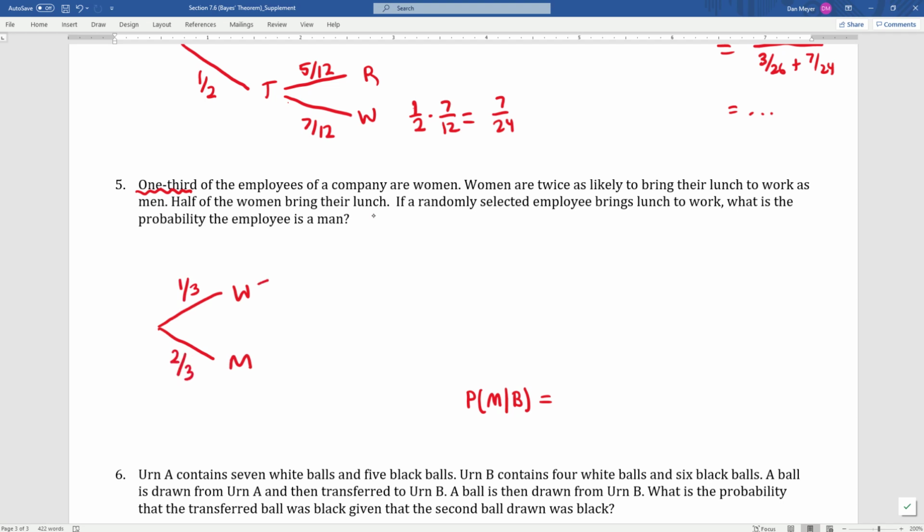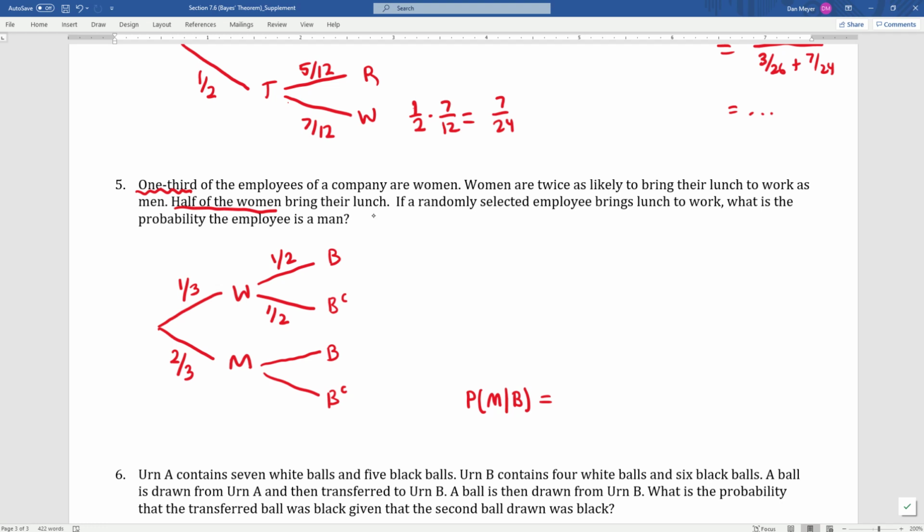And then they either bring their lunch or don't bring their lunch. It says that half of women bring their lunch. So if the person that we select is a woman, the probability that they brought their lunch is 1/2, and the probability that they didn't bring their lunch is also 1/2.